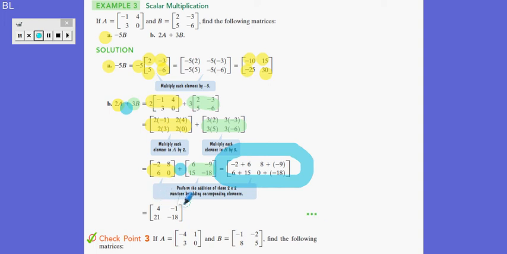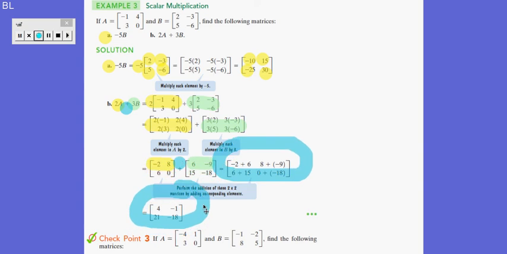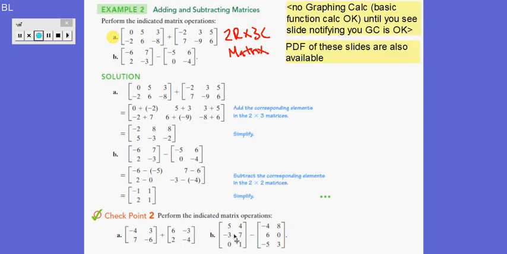Actually, rather, that's the second to last step. You get that. You can practice this right over here below. Just like in the previous slide, I got some practice problems below right here.